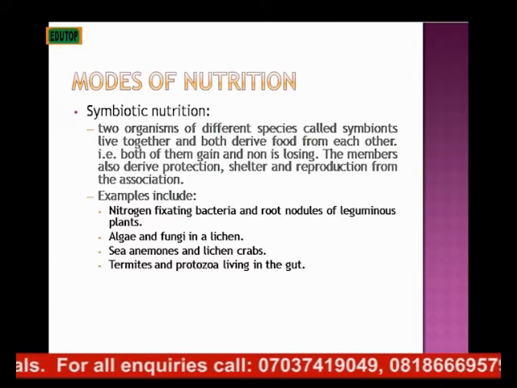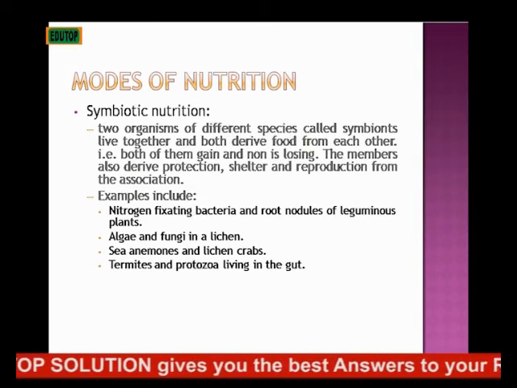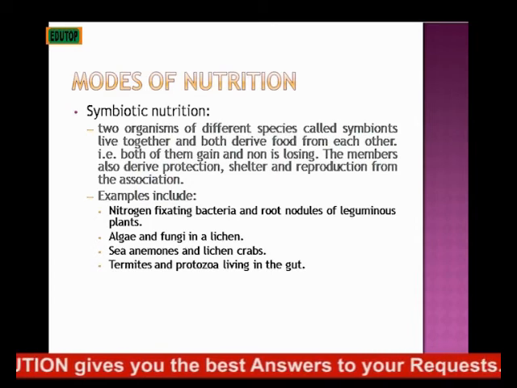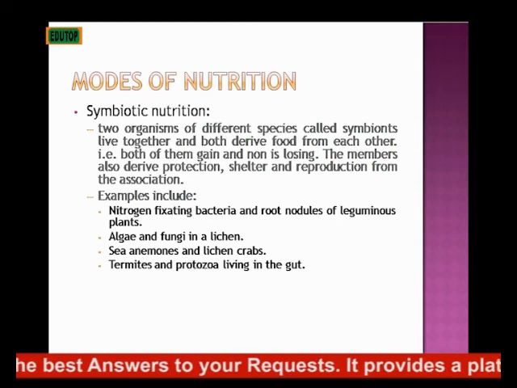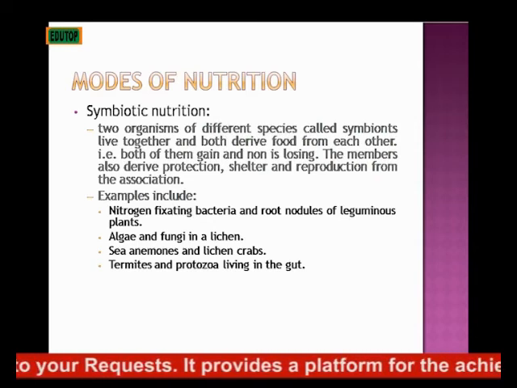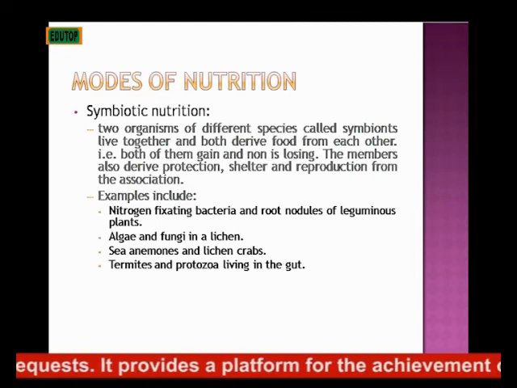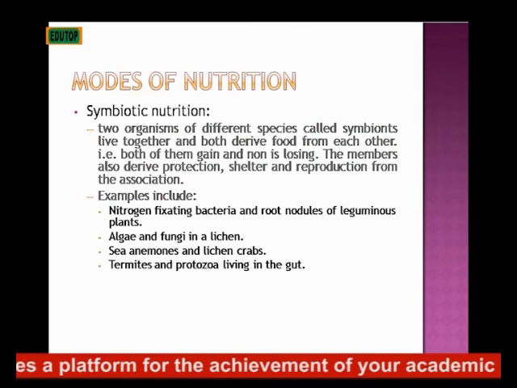They both gain from each other, and they develop protection, shelter, and reproduction from the association. Not only food, they derive protection, they derive shelter and reproduction from the association. Examples of organisms that undergo symbiotic nutrition: we have the nitrogen fixing bacteria and the root nodules of leguminous plants.